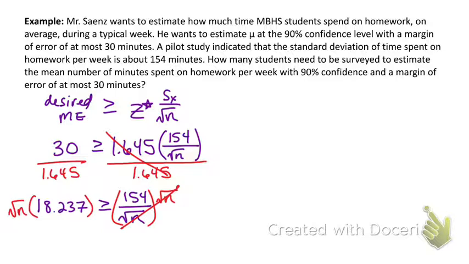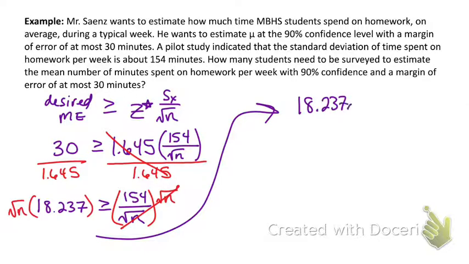Okay? I'm going to move up here now. So I've got 18.237 times the square root of n is greater than or equal to 154. Okay, what now? Should I square both sides? Not yet. The square root sign is not by itself yet.